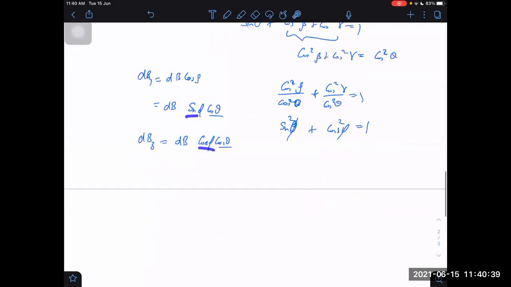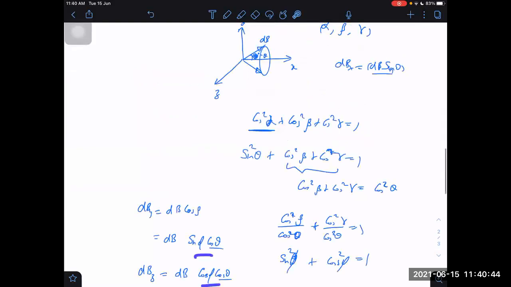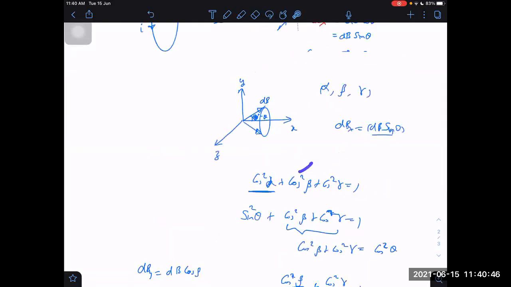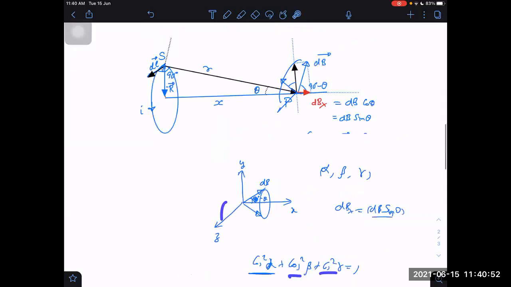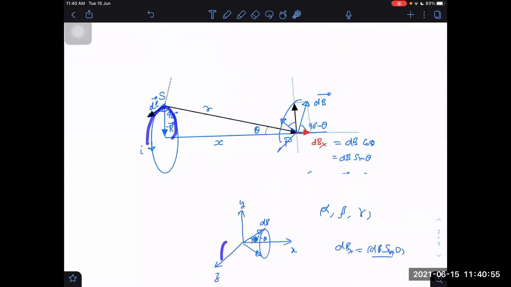How will phi vary? That we can find out by knowing the initial value of cos beta and the initial value of cos gamma, and the final value of cos beta and the final value of cos gamma. Those values we can determine because initially, if I take a semicircle, then initially it will be in which plane? Then we can easily determine what the cos gamma value will be initially.